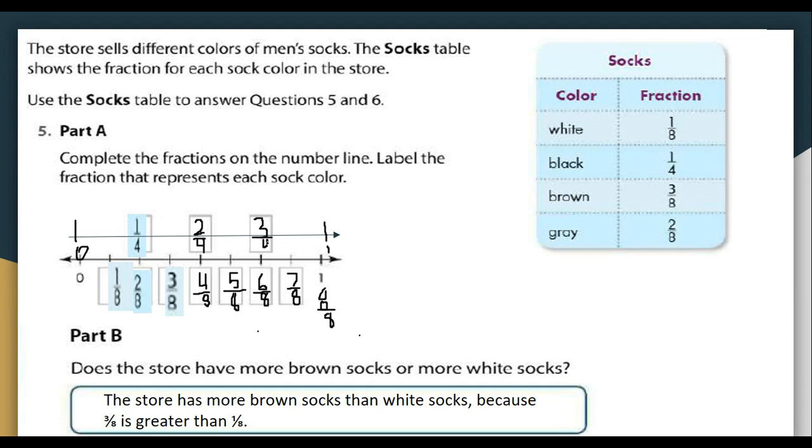And what would represent our whole? If you said 4/4, you were correct. All right, so we labeled our fractions that represented each color. Everything has been plotted on our number line. So now we're ready for part B.